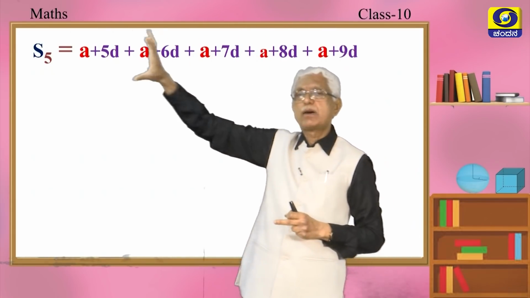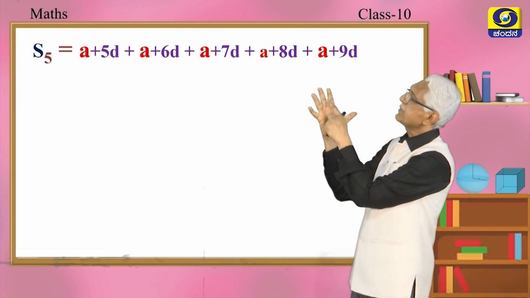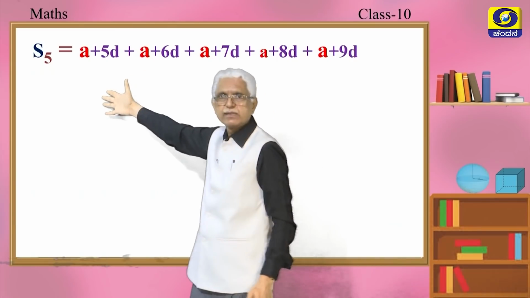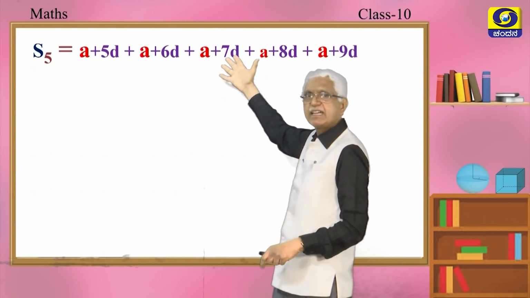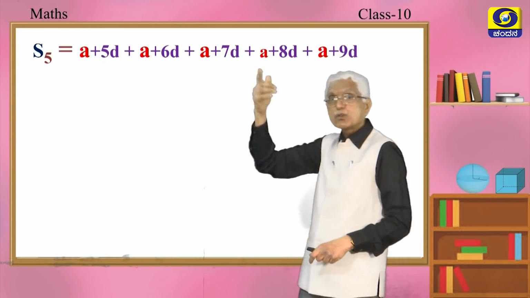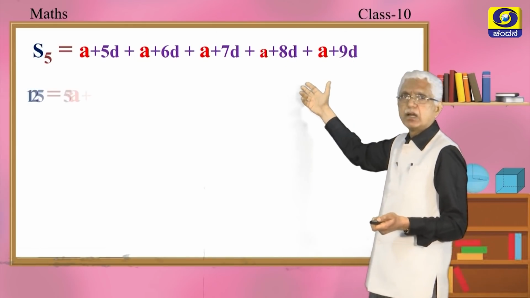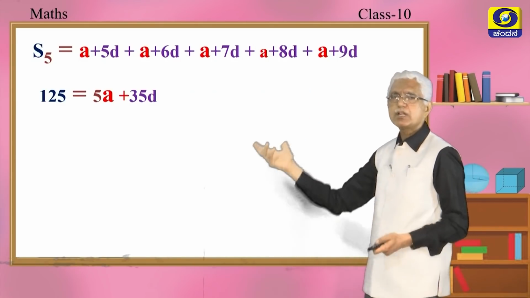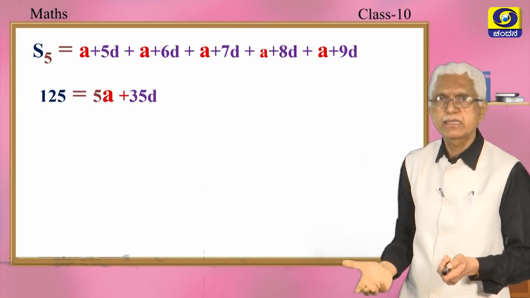So, I need the sum of the next 5. 6th term is A plus 5D, 7th term is A plus 6D, 8th term is A plus 7D, 9th term is A plus 8D, 10th term is A plus 9D. So, this is the sum of the next 5 terms, okay? And what is the sum? 125. 125 is equal to, there are A 5 times repeated, 5A, and D when you add you get 35D.